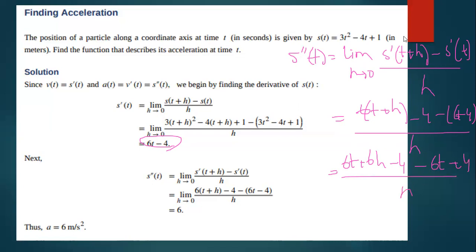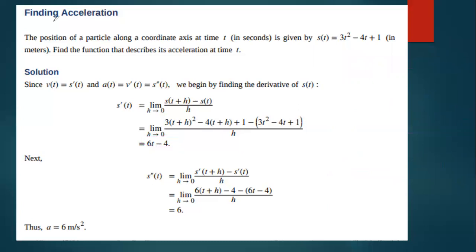So 6t will be cancelled, and the 4s will be cancelled. So it will be 6h divided by h. h will be cancelled, and the double derivative s''(t) will be equal to 6. Okay, so this is the explanation.